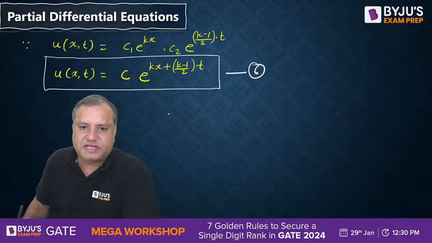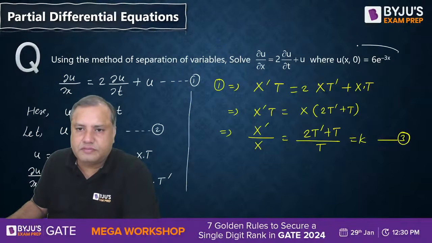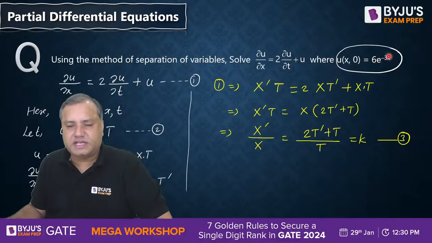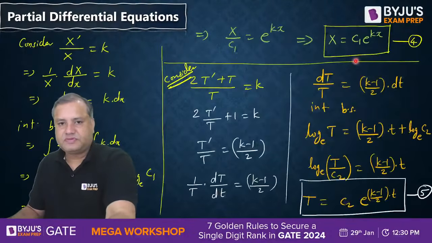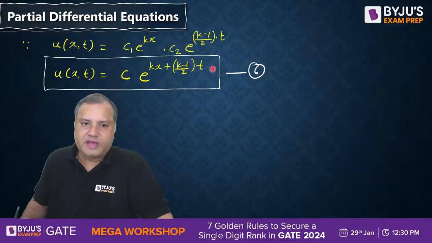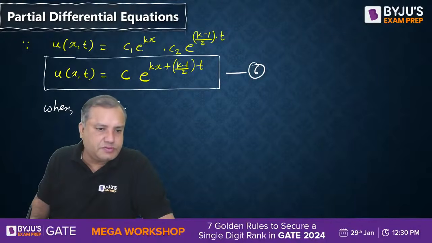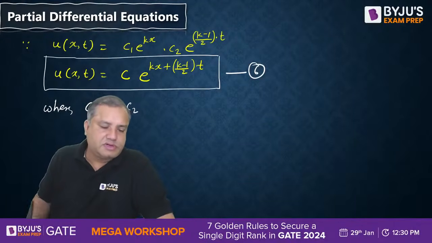Now, what they mentioned in the initial condition, u of x comma 0 is 6 e raised to minus 3x. You can mention here that C is C1 C2.